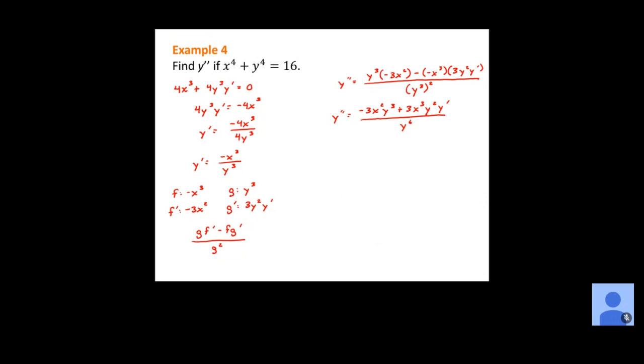Now, we're not done. And the reason we're not done is because your second derivative needs to be in terms of x's and y's only. Right now, we have a y prime in our second derivative. So what are we going to have to do now?